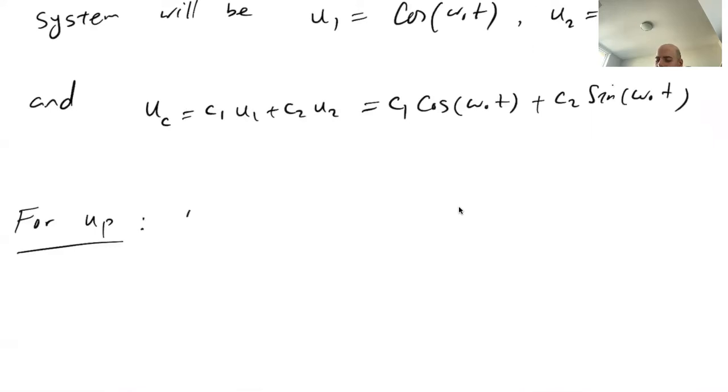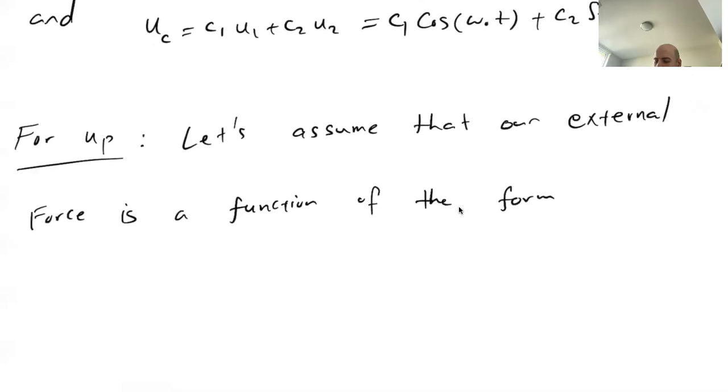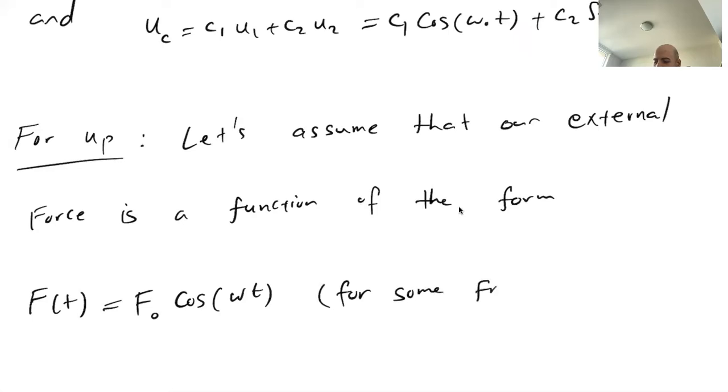So for up, let's assume that our external force is a function of the form capital F of t equals f naught times cos omega t for some frequency omega.